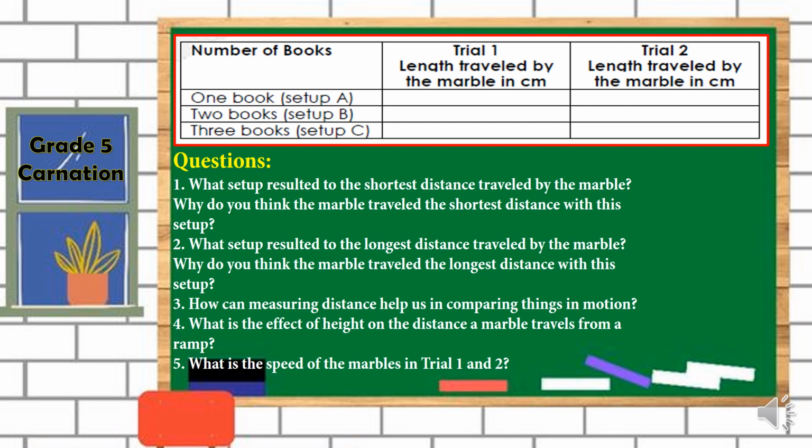And why do you think the marble traveled the longest distance with this setup? And number 3, how can measuring distance help us in comparing things in motion? And number 4, what is the effect of height on the distance a marble travels from a ramp? And number 5, what is the speed of the marble in trial 1 and 2?